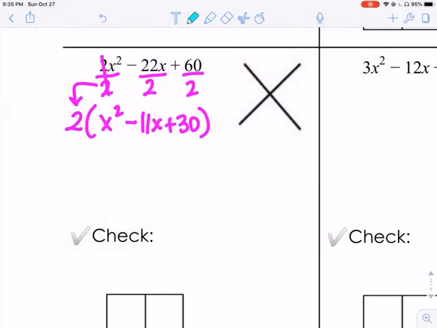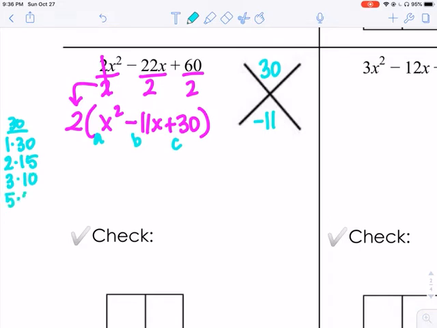And then I'm going to go ahead and label this A, B, and C. I remember B on bottom, C on top. From there, I'm thinking of things that multiply to get 30. So multiplying to get 30, 1 times 30, 2 times 15, 3 times 10, 5 times 6, and 6 times 5, so I know I'm done.